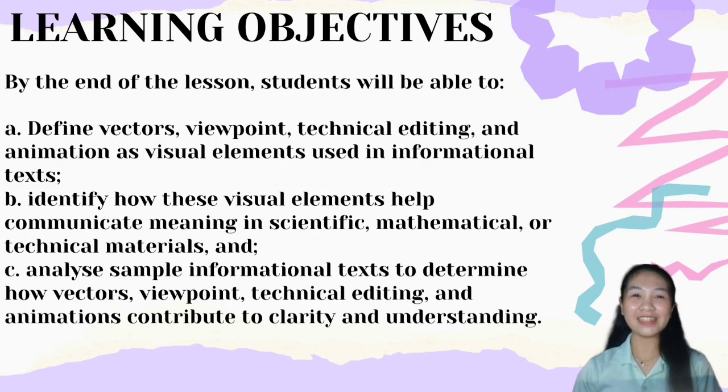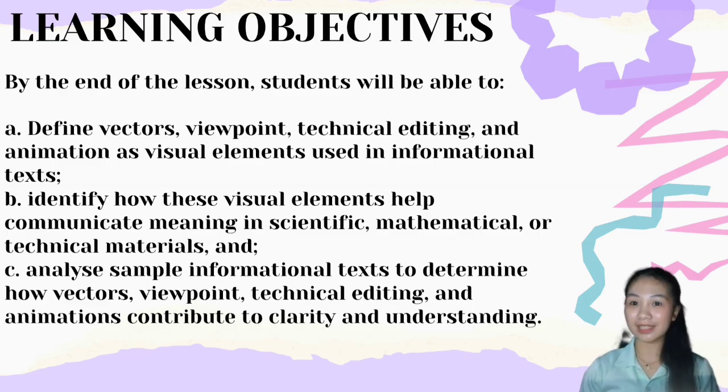By the end of the lesson, students will be able to define vectors, viewpoints, technical editing, and animation as the visual elements used in informational text, identify how these visual elements help contribute meaning in scientific, mathematical, or technical materials, and analyze simple informational text to determine how vectors, viewpoints, technical editing, and animations contribute to clarity and communication.